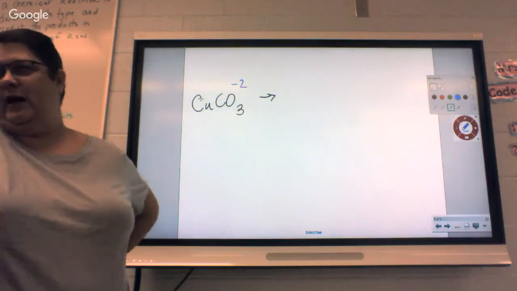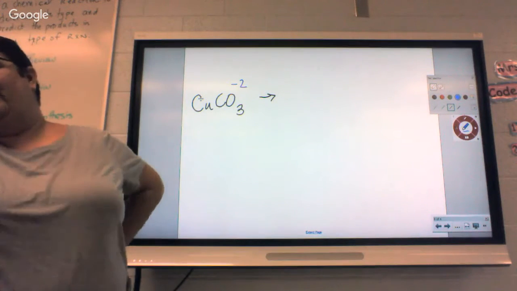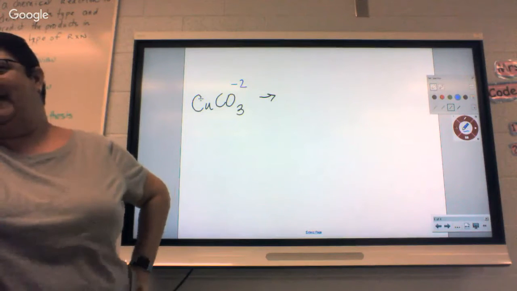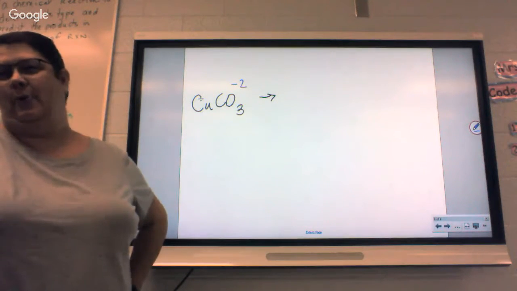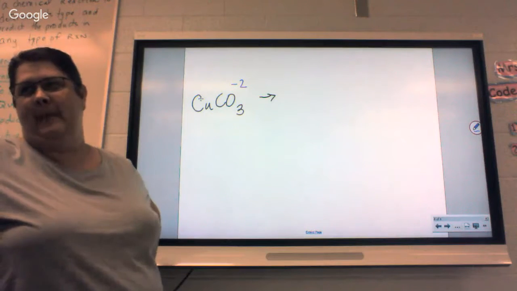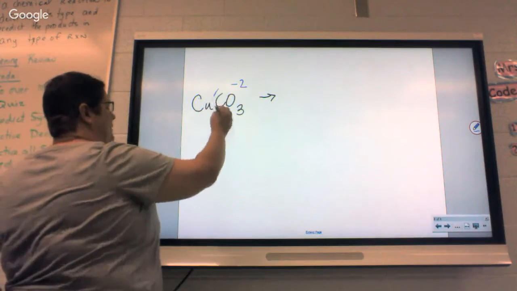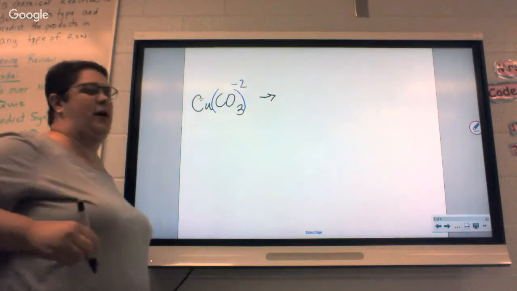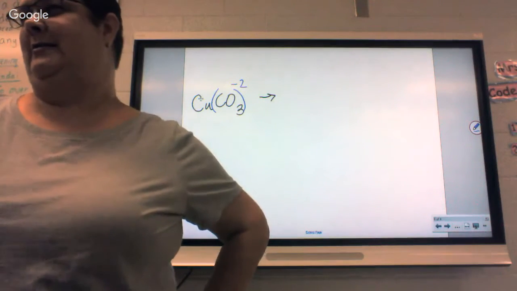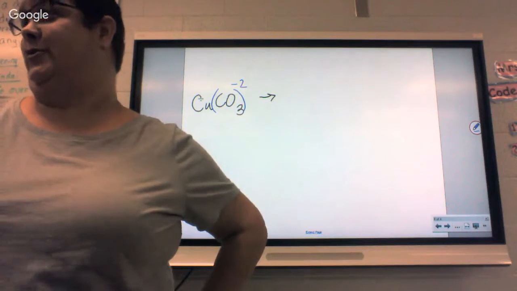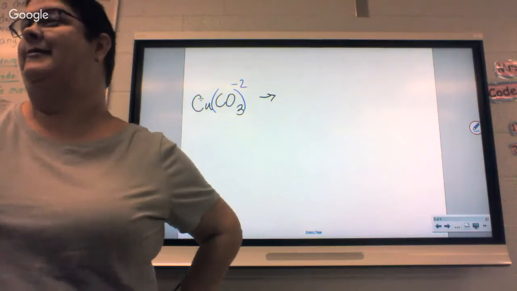CO3 has a -2 oxidation number, and it's not in the formula. So if CO3 has not been reduced, what does that tell you about copper? If there's no 2 in this formula, and CO3 has a -2 oxidation number, and it's not there, what happened to it? It's reduced. So what was copper?